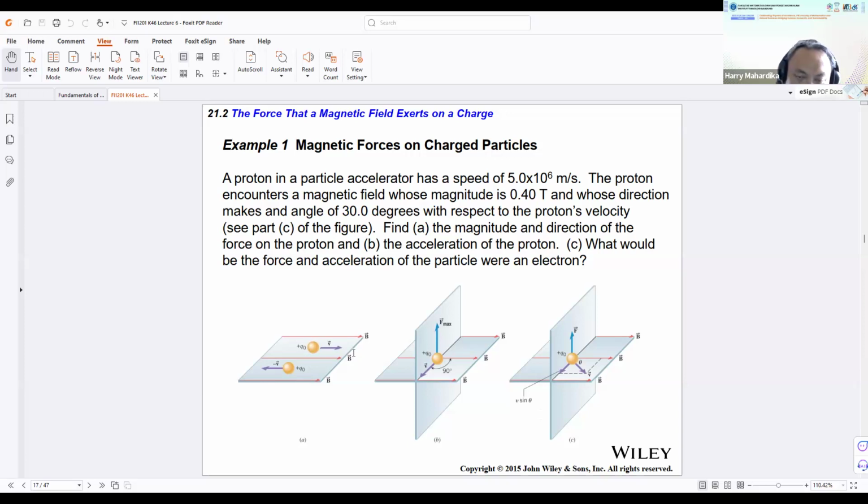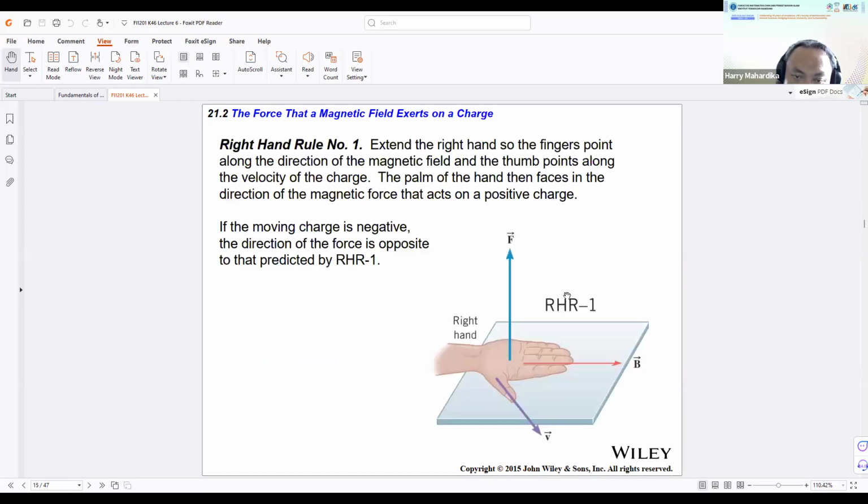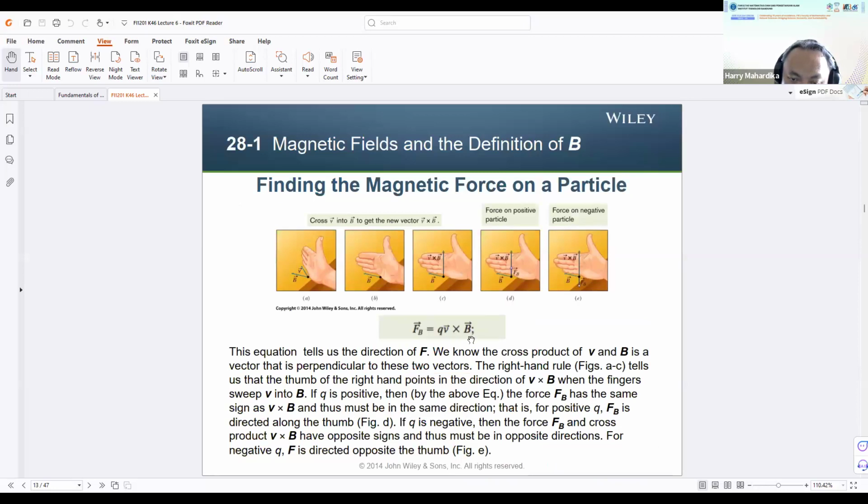Again, if we use this formula, which later on we will call not Coulomb's law, but the Lorentz law formula, that relates the magnetic force F with B and also V, which originates from here.